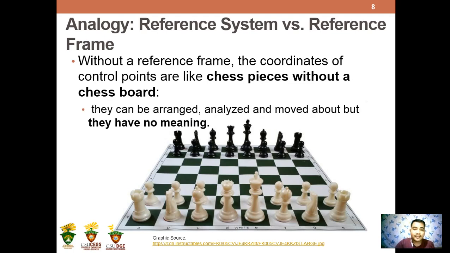According to this, they can be arranged, analyzed, and moved about, but they have no meaning. Imagine you are playing chess but there is no chessboard. You have the chess pieces, and you can move them in different directions, but for what purpose? It can no longer be called chess without a chessboard. Same as with the reference system and the reference frame.